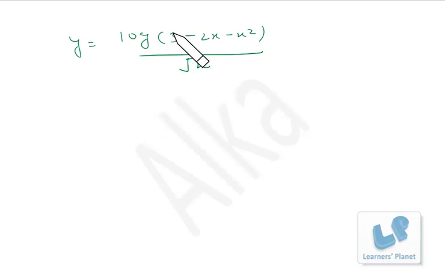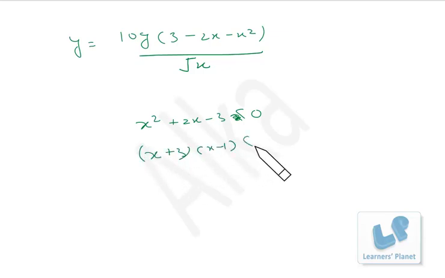So here logarithm of a negative is not defined, so 3 minus 2x minus x square should be greater than 0. So I can say x square plus 2x minus 3 is less than 0. Okay, so here it is (x plus 3)(x minus 1) should be less than 0.